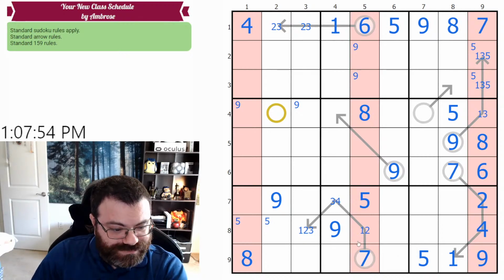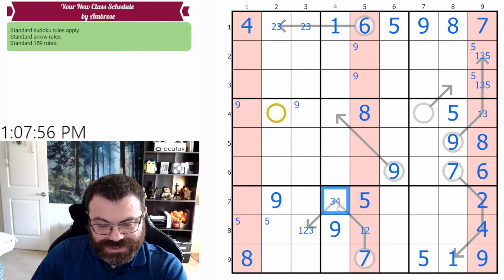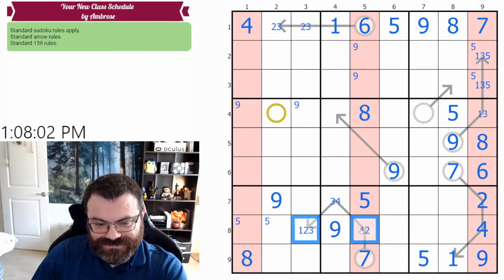What happens if the arrow in row 7, column 4 is a 3? I don't know, what does happen? If that's a 3, then these two add to 4. So this would be 3 and 1. Doesn't seem like a problem to me.